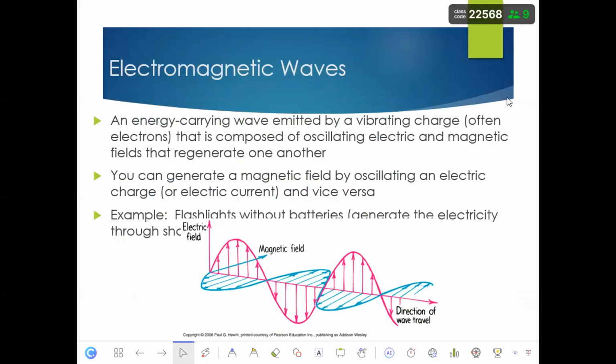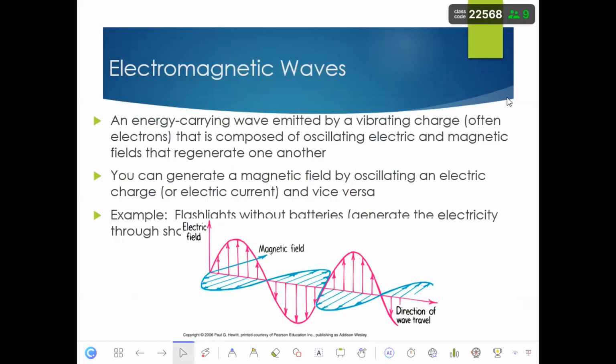If we have a charged particle and it starts vibrating, not only does it create the electric field, but it creates the magnetic field as well, because it has a periodic motion, vibrating up and down, microscopically.